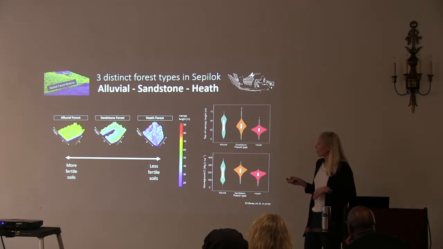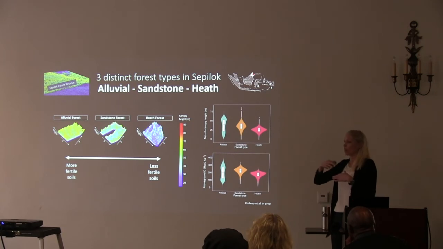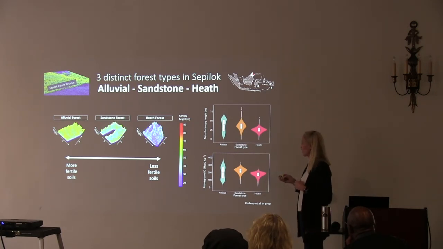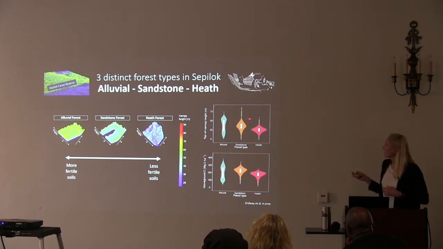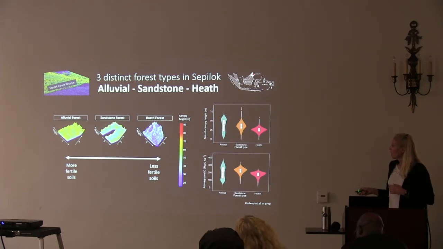In alluvial forests, where there's relatively more nutrient availability and higher turnover rates, trees get much taller, but the turnover rates seem to influence more canopy height heterogeneity. You can see that here. This is canopy height for each of those three forests, with heath forest being much lower in canopy height.